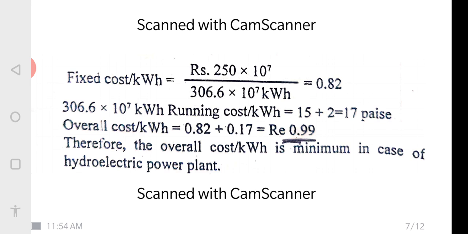And we found that the overall cost is equal to fixed cost plus running cost. Okay. And the overall cost was only 67 paisa for the hydroelectric power plant, and the overall cost is 99 paisa for the nuclear power plant. Hence, as the cost of power generation is lower in the hydroelectric plant, we will select that. Thank you.